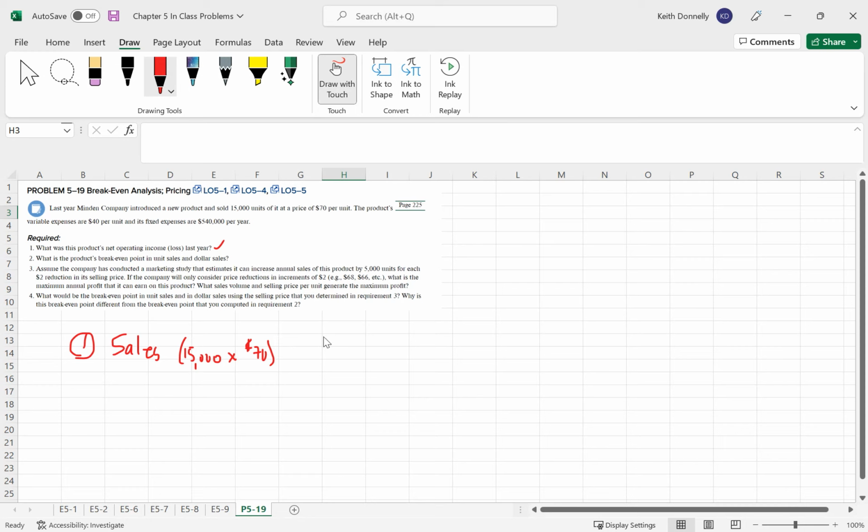In that way, we're going to be looking at 1,050,000 in sales. Then we have to back out our variable expenses. It looks like they were $40 per unit.